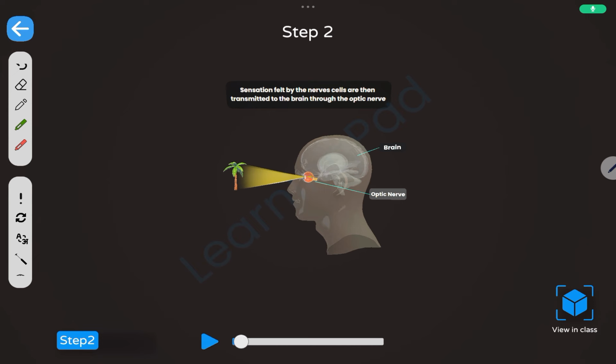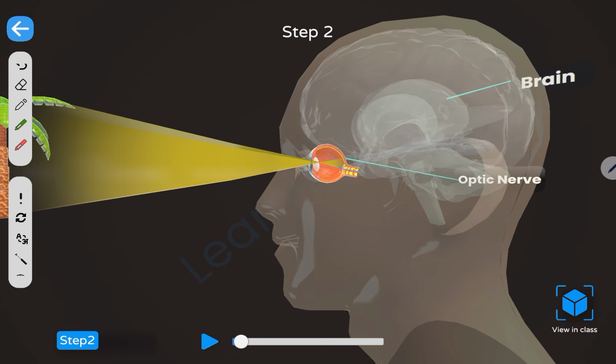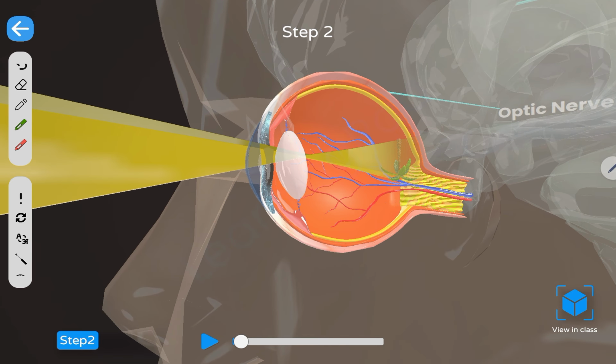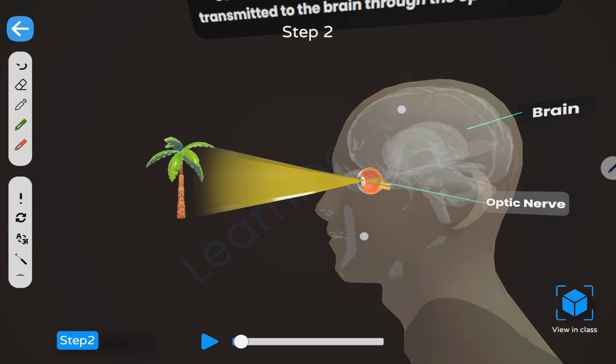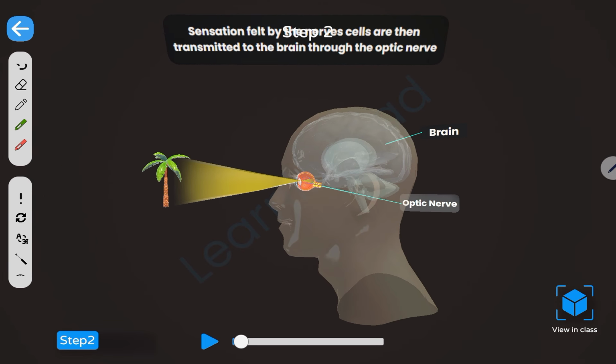As we have discussed, the lens focuses light on the back of the eye on a layer called the retina, right? This yellow line like structure is the retina. The retina contains several nerve cells. The sensations felt by the nerve cells are transmitted to the brain through the optic nerve.